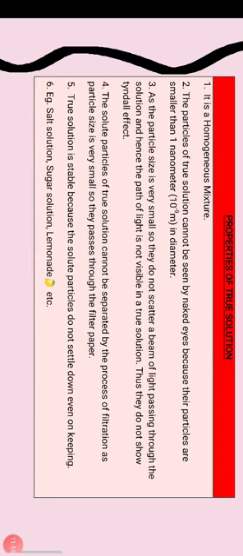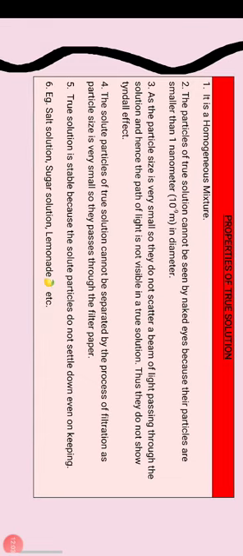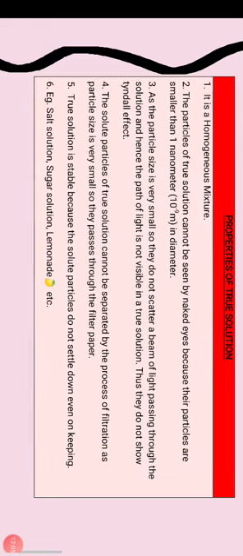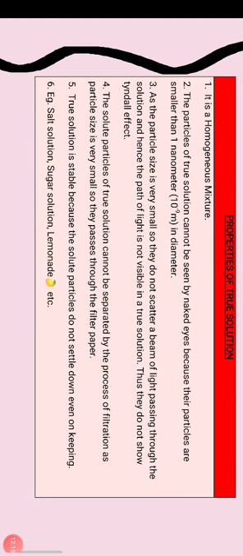Sixth is the example. So example of true solutions are salt solution, sugar solution and lemonade. So salt solution means NaCl in water, sugar solution is C12H22O11 in water, and the lemonade means lemon in water.